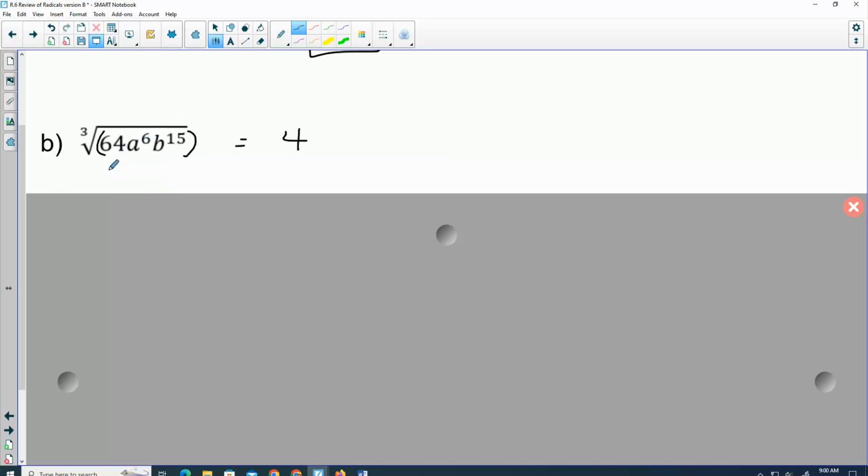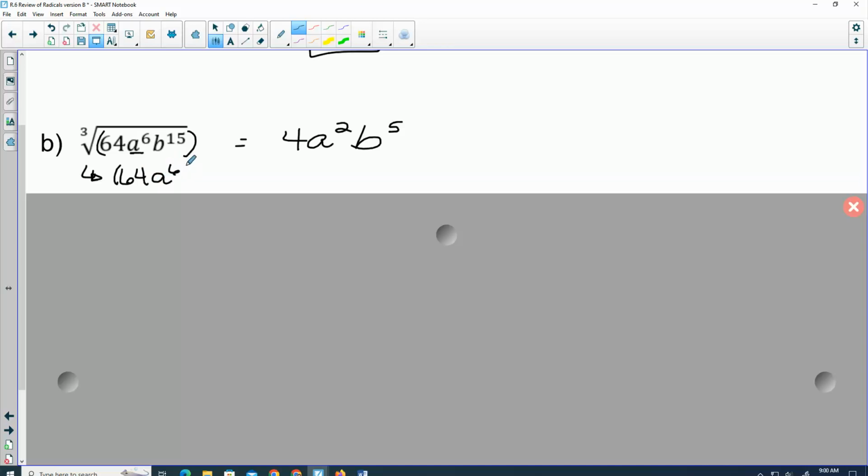If we were just thinking through your radicals, you have 6 a's. The cube root means how many groups of 3 can we form? So if you have 6, how many groups of 3 do you get? 2. If you have 15 b's, how many groups of 3 can you form? 5.